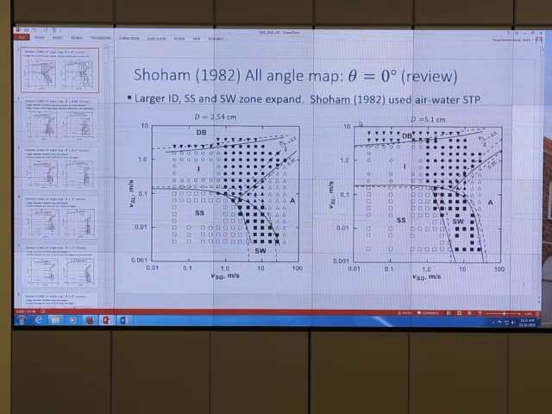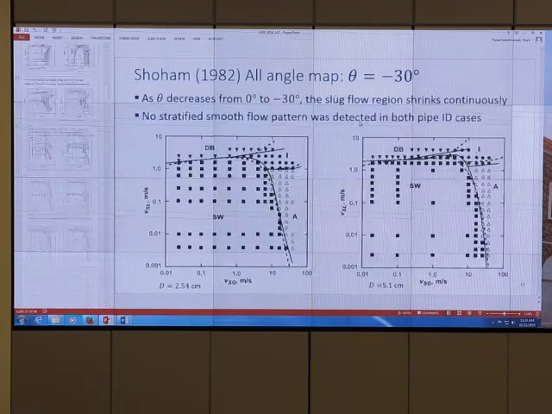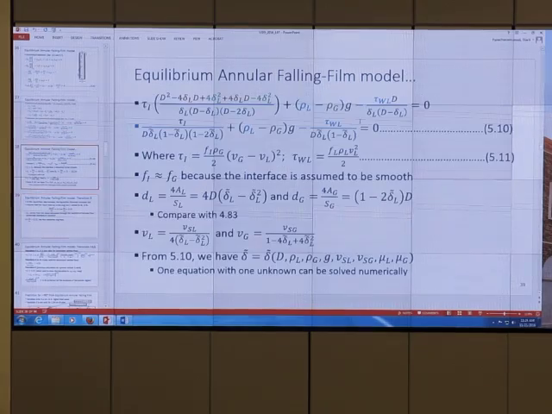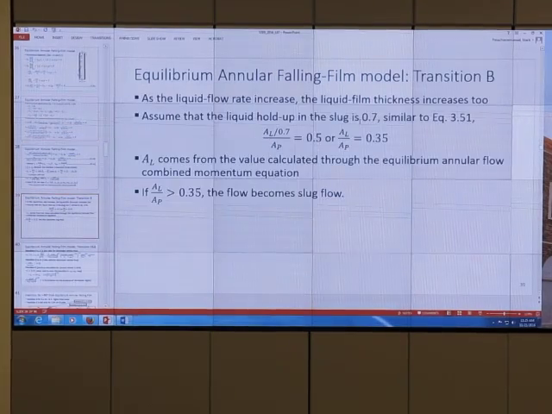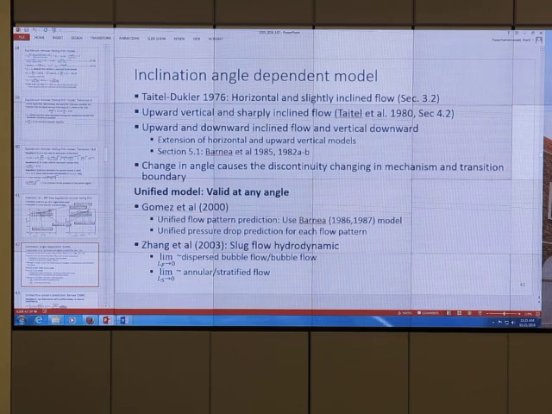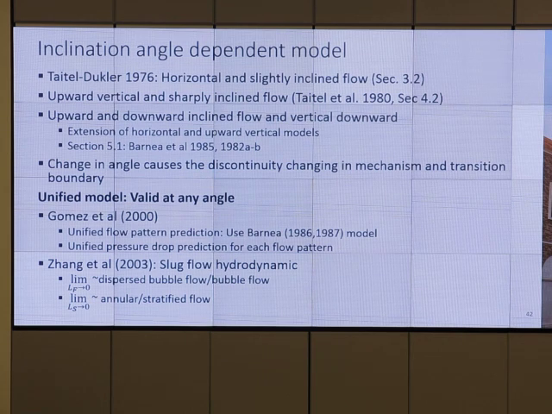Exam 4, what I can tell you is that it's not really comprehensive, in the sense that it covers chapters 4 and 5. However, chapter 5 is about the unified model, which is valid for any angle. A quick look at a good example: the unified model is valid at any angle.